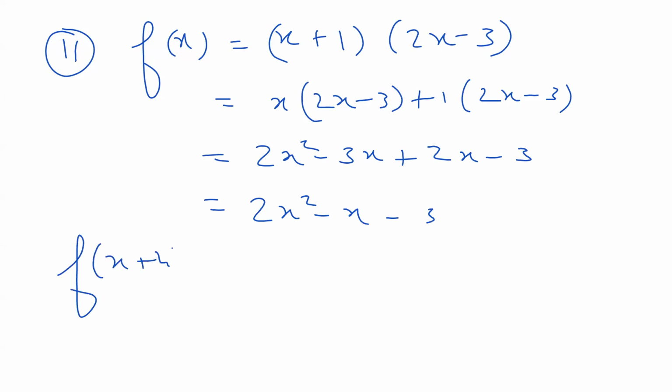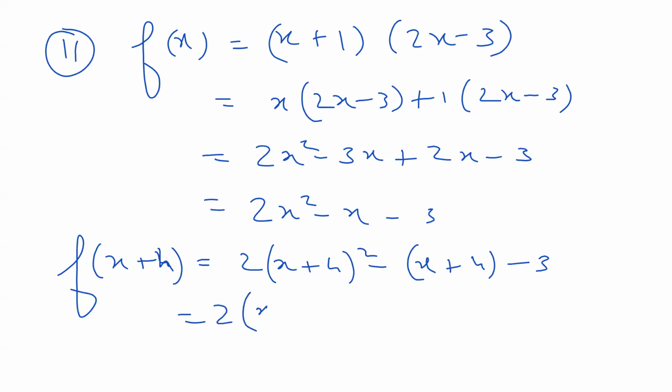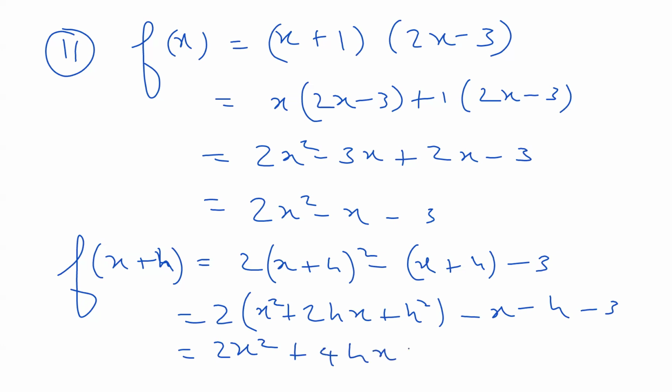So f of x plus h will be 2 into x plus h the whole square minus x plus h minus 3. Fine. So this will be 2 into x square plus 2hx plus h square minus x minus h minus 3. So 2x square plus 4hx plus 2h square minus x minus h minus 3.